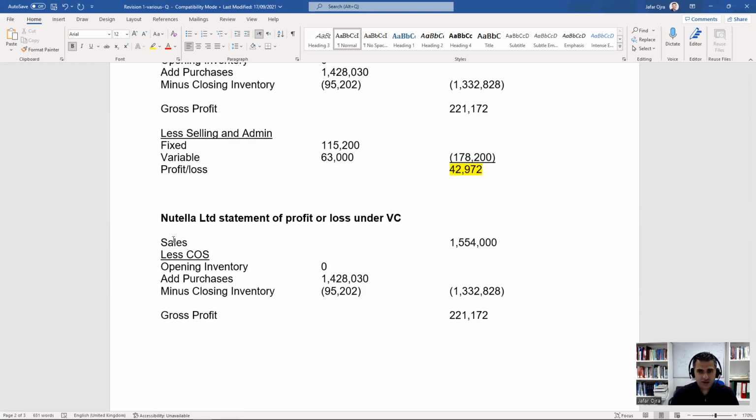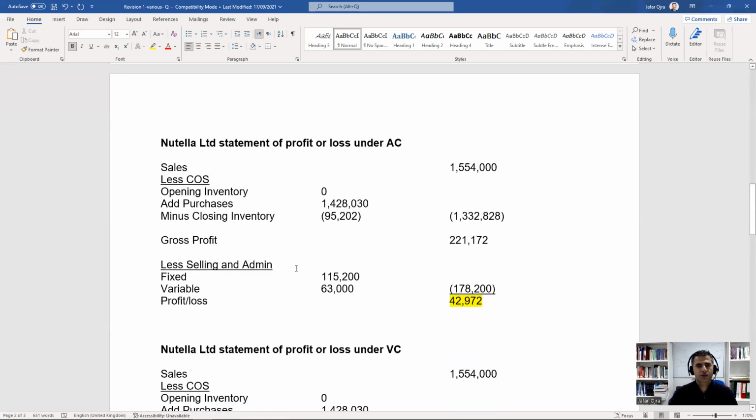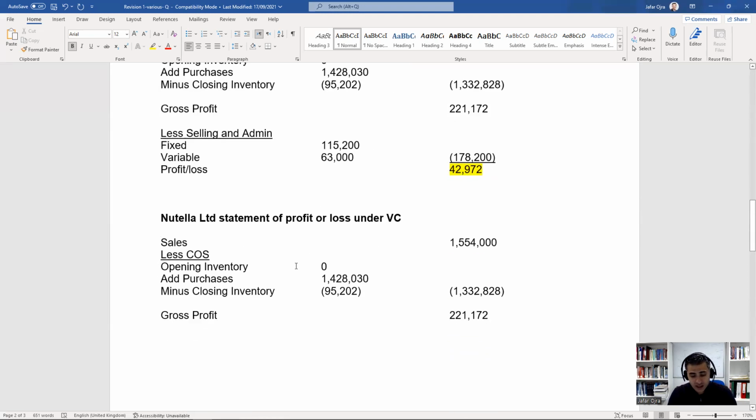So sales. Let's start with doing the variable costing. Sales, there's no change of sales, of course, because sales is sales, isn't it? There's no change because sales doesn't change under the two methods. That's fine, no worries. Now opening inventory is 0, the same.